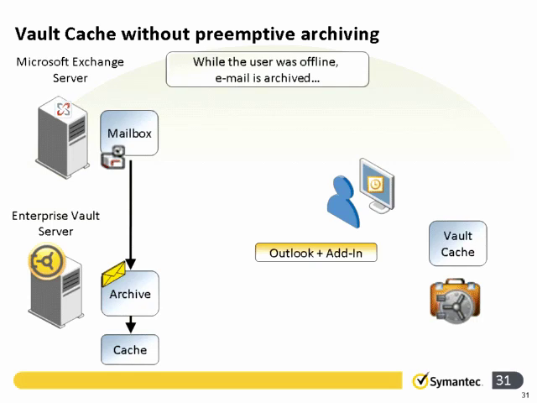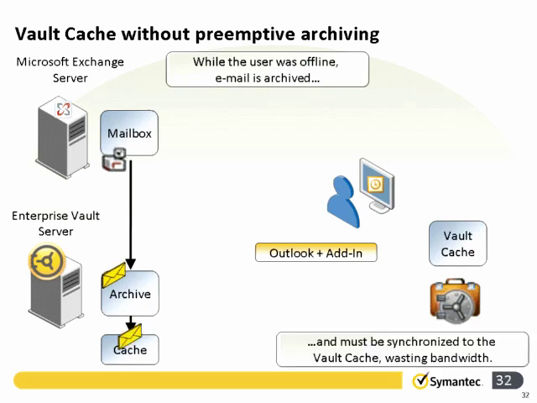Once that item has been moved into the archive, the user has to connect at some point in order to get the information from the archive into the server-side cache and then download that content into the Vault Cache environment. And again, this is using bandwidth to do that synchronization.